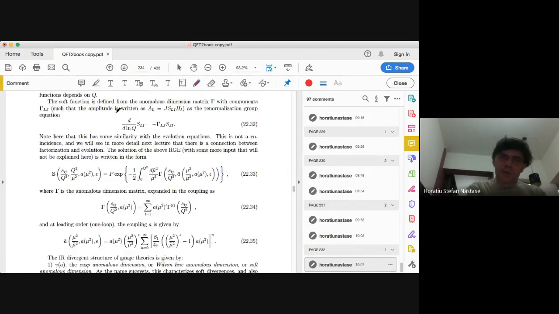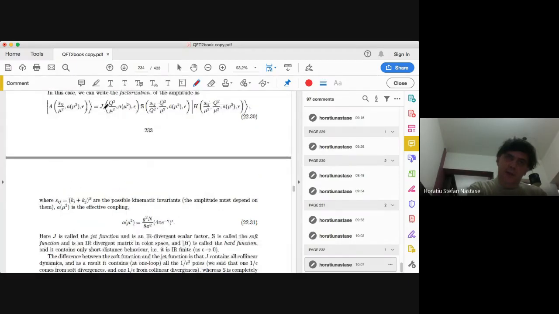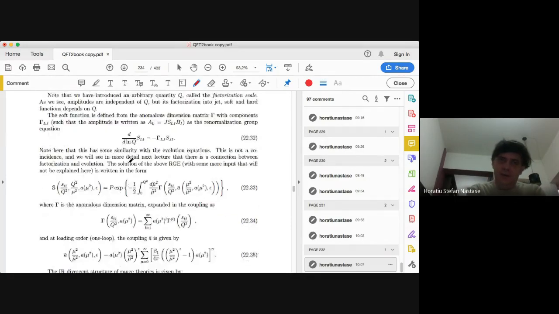So to summarize, J, the jet function, is just an exponential, just like in QED, e to some Sudakov object, but the Sudakov object was also, remember, expanded in the coupling. So even though it's in the exponent of an exponential, it's still a sum over loops. The same is true here in the soft function.